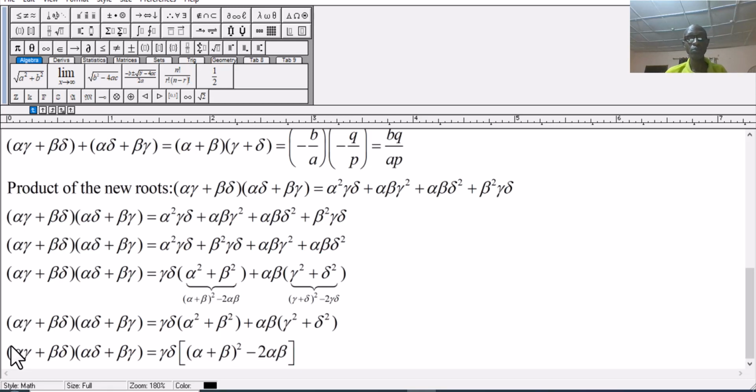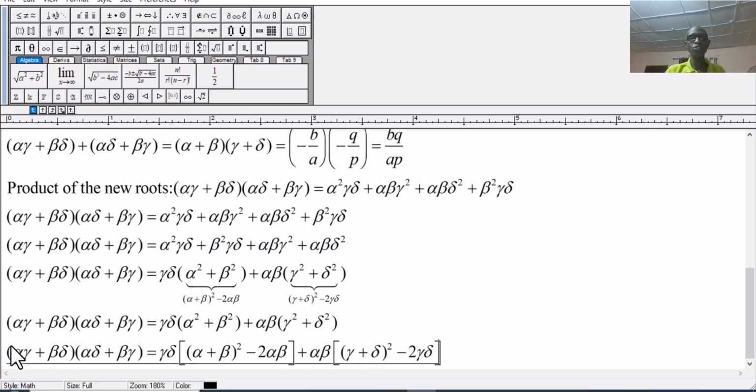Then the second one is alpha beta into bracket, gamma plus delta all squared minus 2 gamma delta.